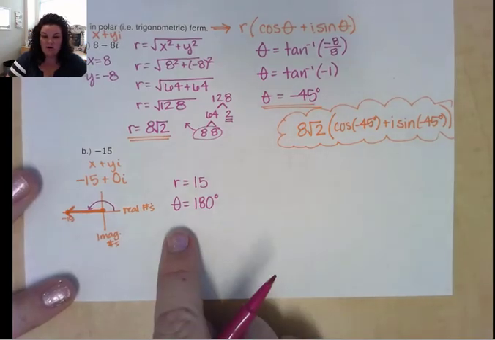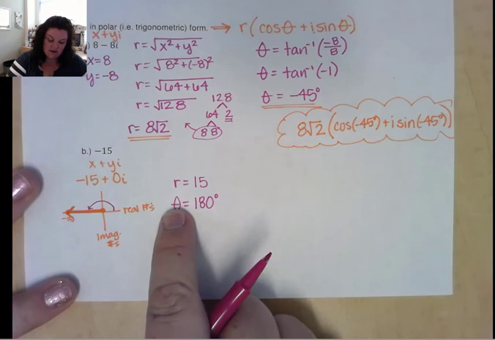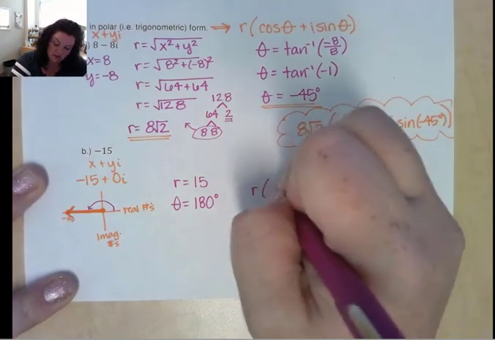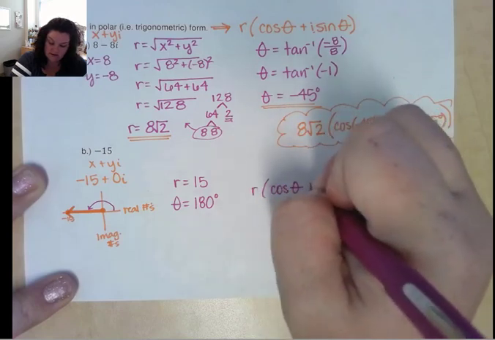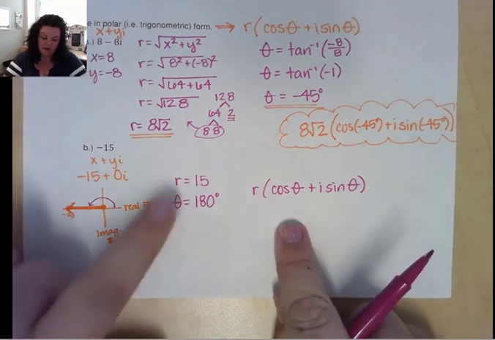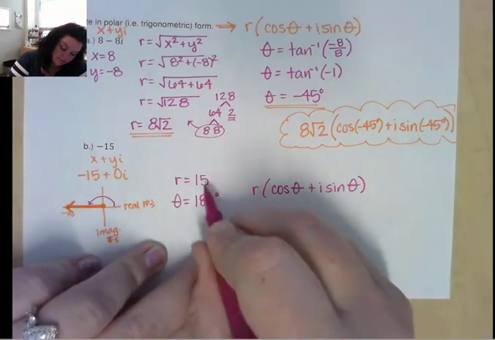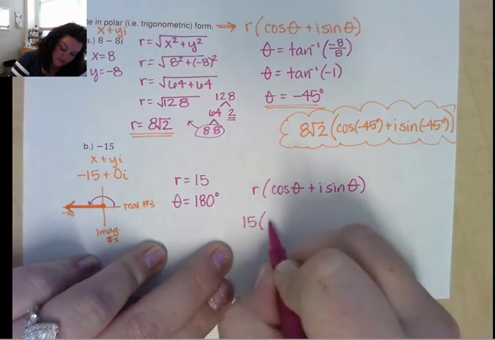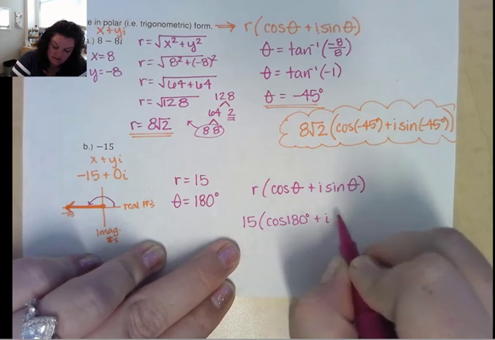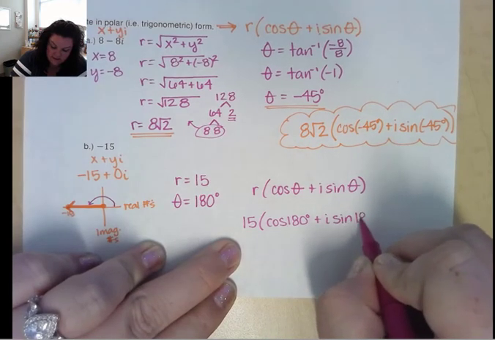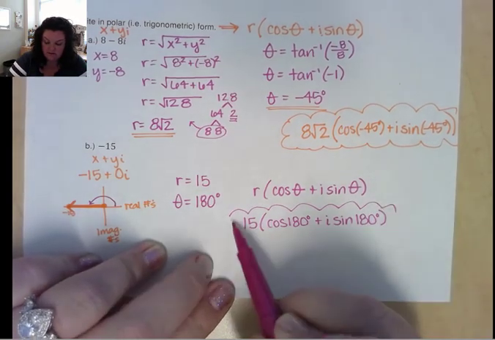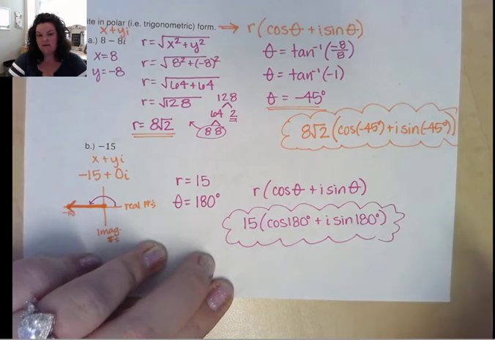Now that we know our radius and our theta, we can write our polar form, which is r times cosine theta plus i sine theta. We're just going to plug in our values. Our radius is 15, and then we would write cosine of 180 degrees plus i times the sine of 180 degrees, and we just leave it like that.